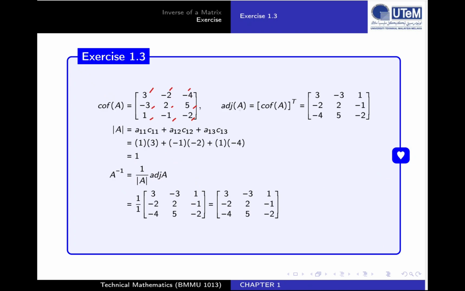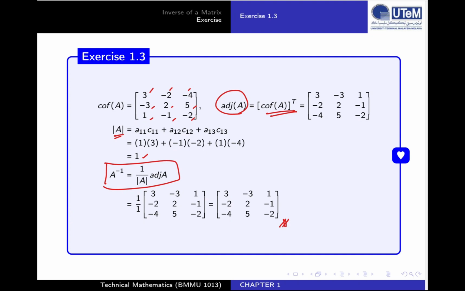And then we must find the adjoint of matrix A, which is the cofactor transpose, and then find the determinant, which is 1. A inverse equal to 1 divided by the determinant of matrix A times the adjoint of matrix A. Therefore, your final answer is 3, -3, 1, -2, 2, -1, -4, 5, and -2.